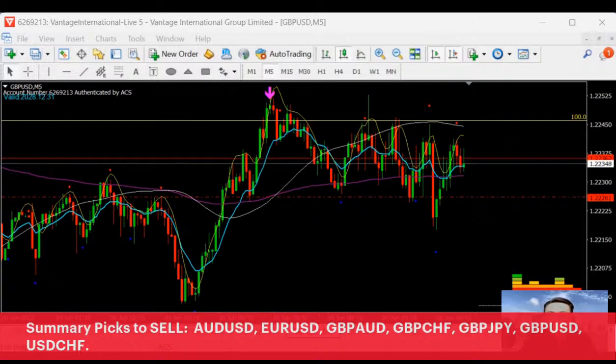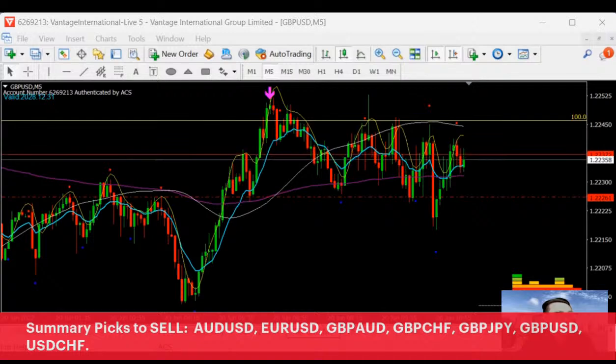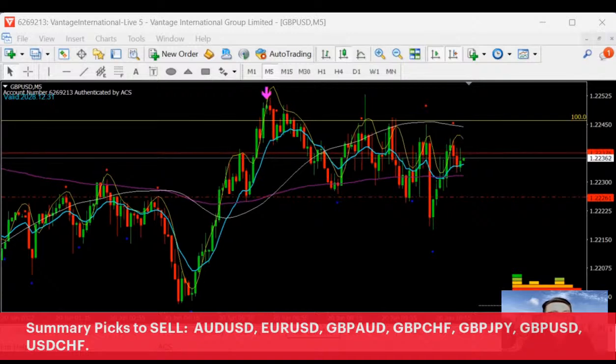But what are the settings that you actually have in your stochastic? Delete the red line. Use the blue line only.